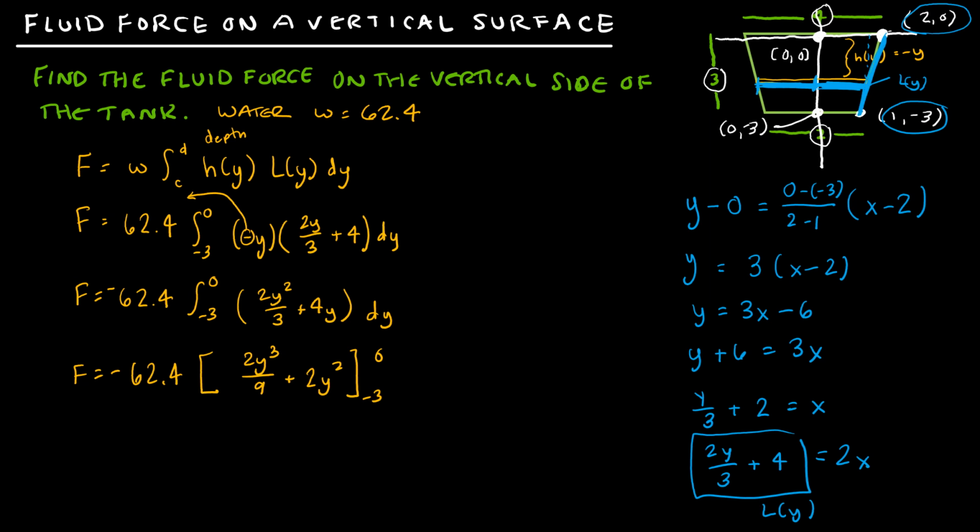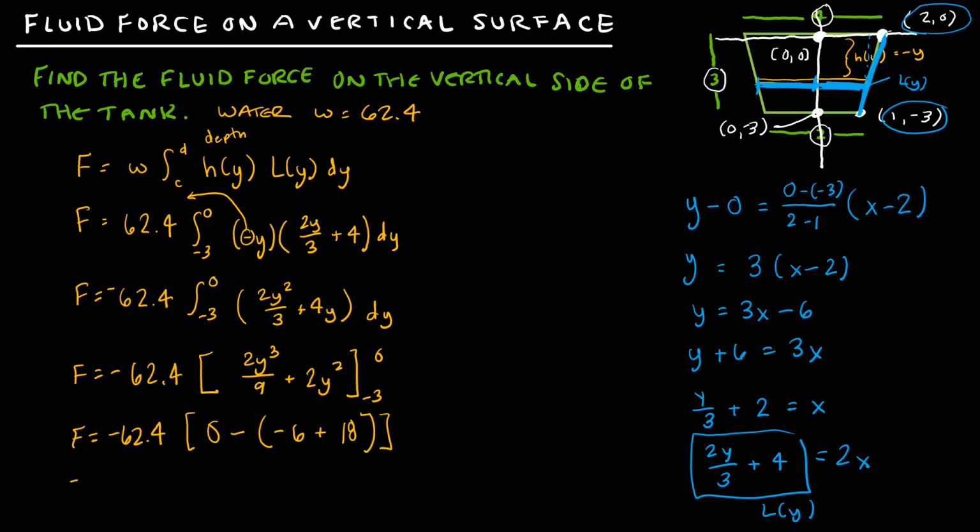And that gives me negative 62.4. And then, of course, I would plug that 0 in first, so I would get 0 plus 0. So I'm just going to put 0 minus, and then if I plug in the negative 3, I would get negative 3 to the third times 2 divided by 9, which gives me negative 6. And then y squared would be negative 3 squared times 2, which is 18.